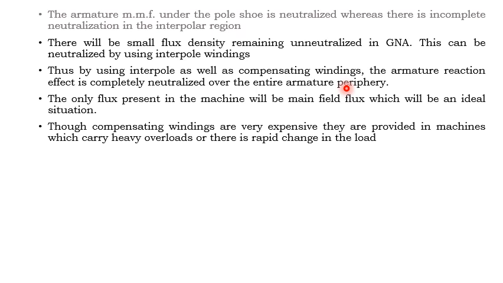In order to neutralize the entire armature reaction, both methods can be employed, the interpole method as well as the use of compensating winding. By using these two methods, the entire armature reaction will be neutralized. The only flux present in the machine will be the main field flux, which will be an ideal situation.